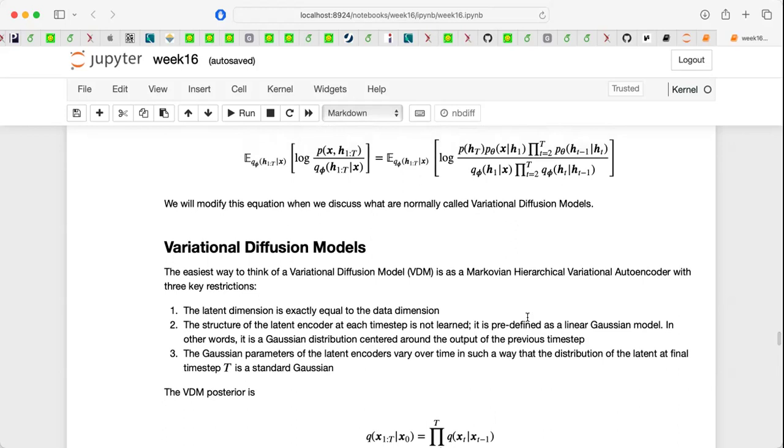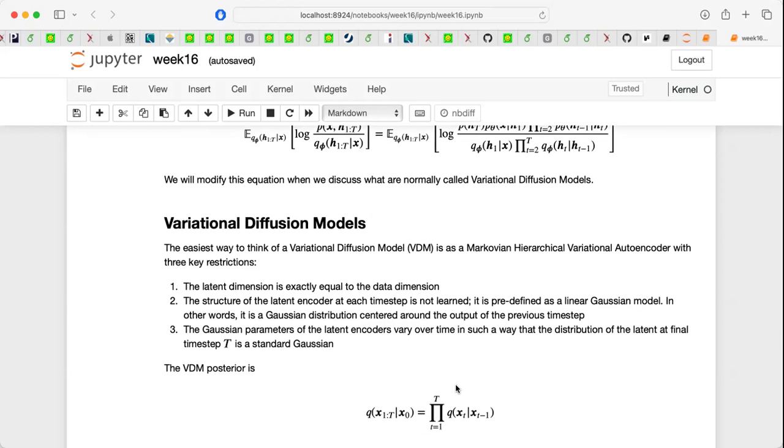It's useful now to use time as a way to distinguish the different steps which we have. You don't need to think of time, but I'm going to use time because that falls naturally in this discussion. The Gaussian parameters of these latent encoders may vary over this artificial time in such a way that the distribution of the latent at the final time step is a standard Gaussian.